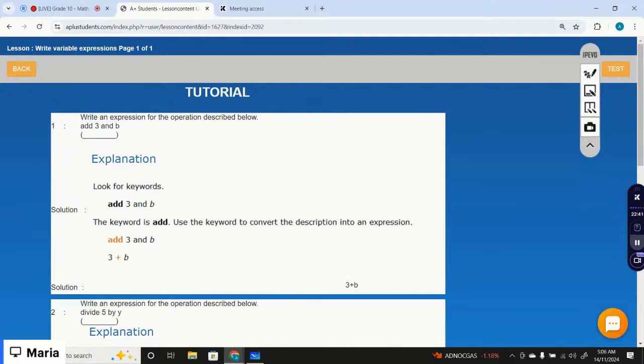So you have to use the mathematical terms and signs, right? You can write it as 3 plus b, right?